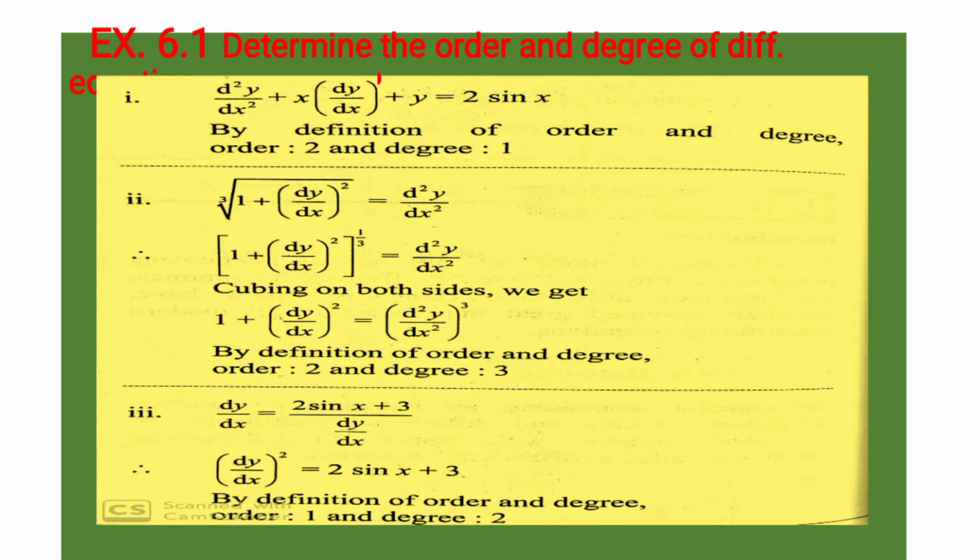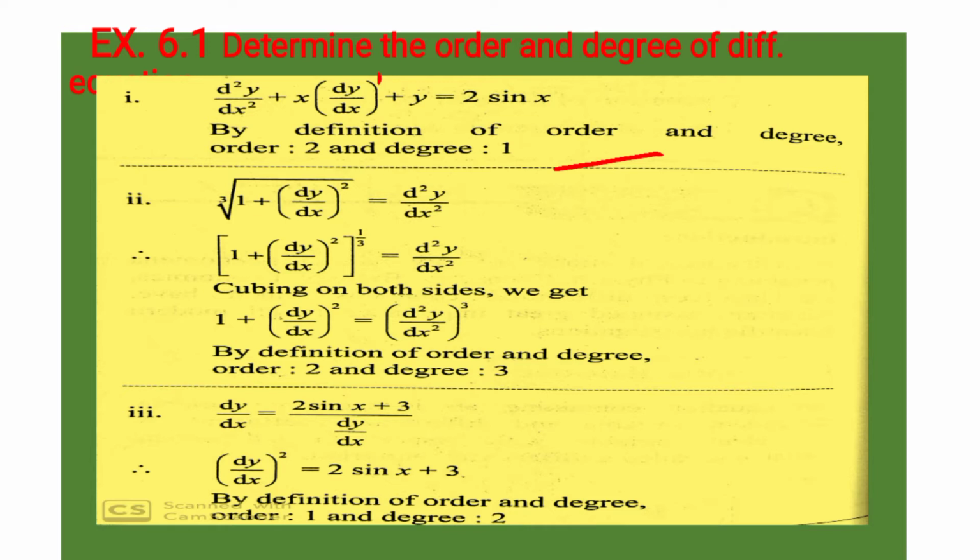And then to find out the degree, see the d2y upon dx square raised to 1, so our degree is 1, right? Then second, cube root of 1 plus dy upon dx the whole square is equal to d2y upon dx square.